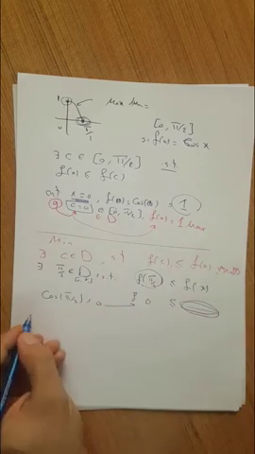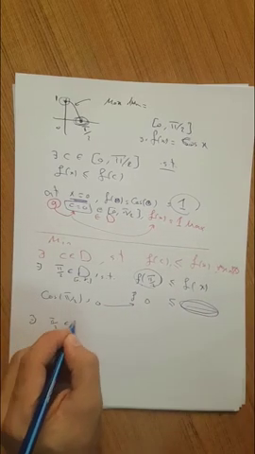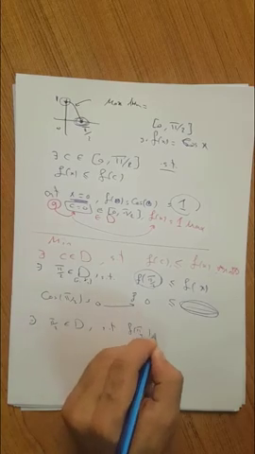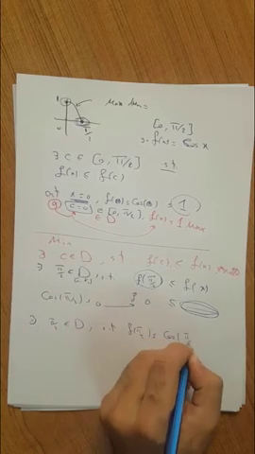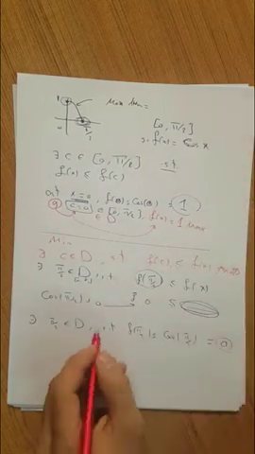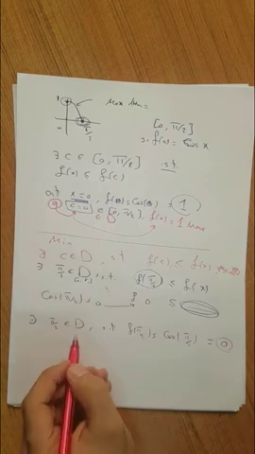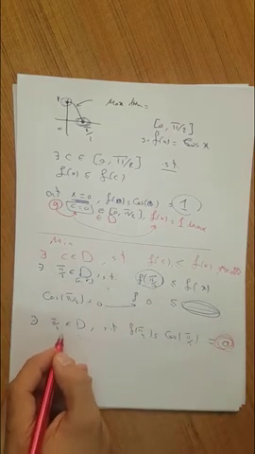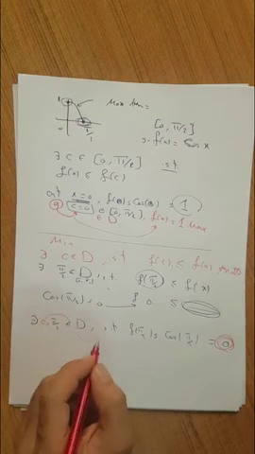That's why there exists pi over 2 in the domain such that f of pi over 2 is equal to cosine pi over 2 is equal to 0, and this value is less than the whole value of the function, so our C is pi over 2.